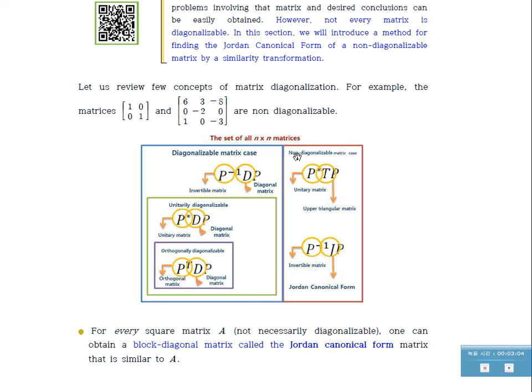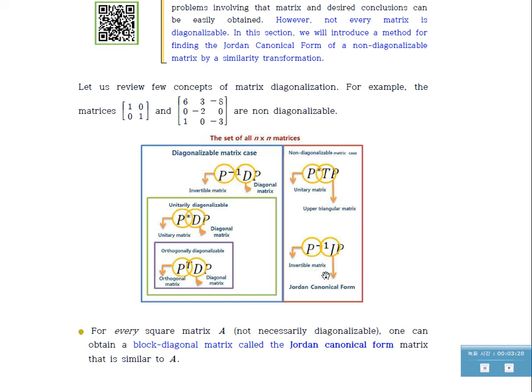But for the non-diagonalizable case like this, by Schur's theorem, we can find the upper triangular matrix T and the unitary matrix P that make A equal to P star TP. But the Jordan canonical form is this way.